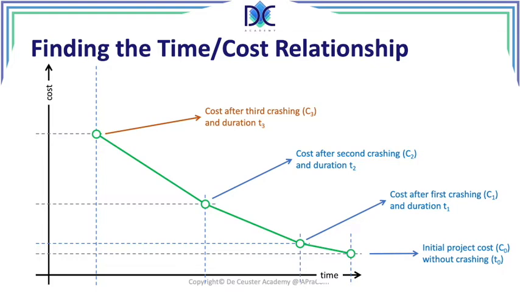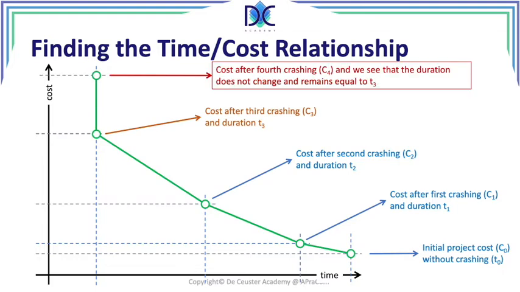And from a certain element here at the end, we continue crashing, the cost increases because we are crashing more activities, but the duration is not changing anymore. So we have to see here what are the optimal possibilities that we have. And depending on the time that our customer wants us to complete the project, we can estimate what the cost would be.